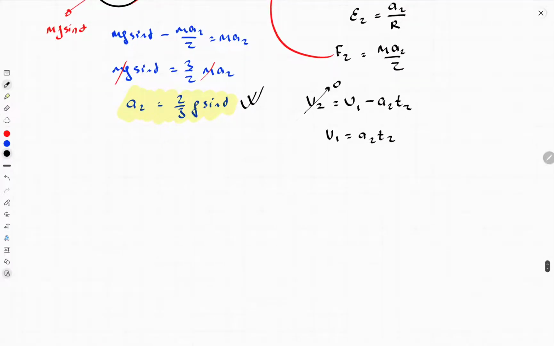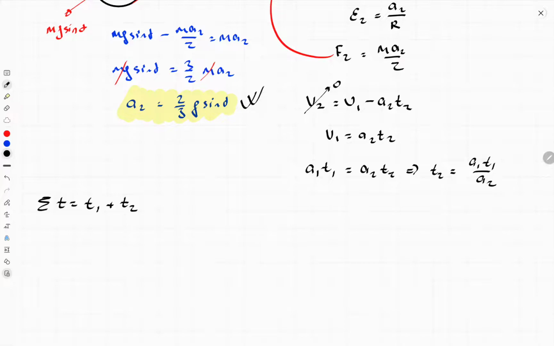So v1 at the same time equals a1 t1, which is a2 t2. From here, t2 equals a1 t1 over a2. So total time of motion will be equal to t1 plus t2.